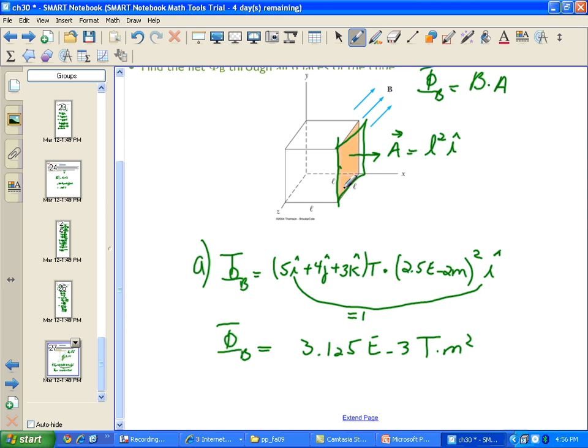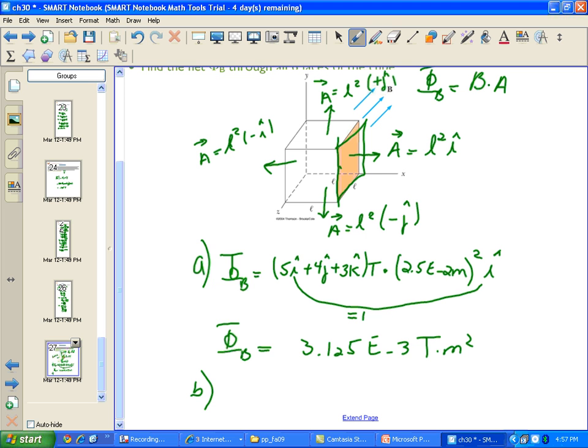Now, for part B, something to consider is that for every i hat face, when you add it with the opposite face, we get L squared times minus i hat. Here we have our A, which is equal to L squared times positive j hat, but when you add it to the bottom, A equals L squared times negative j hat.